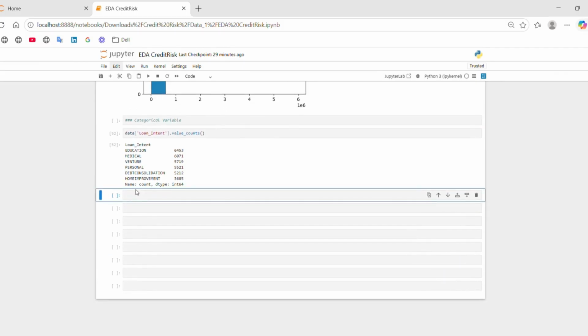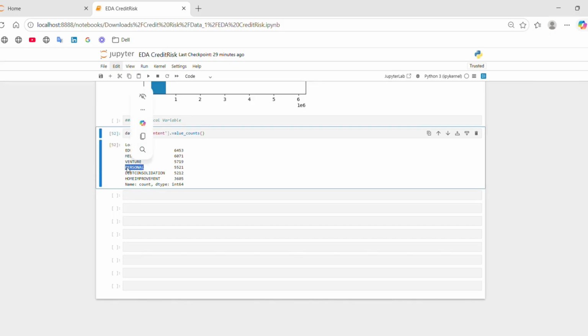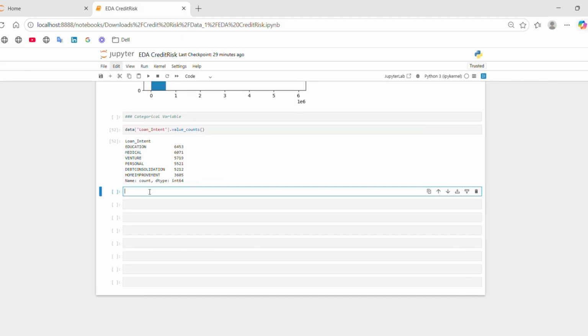The different categories for taking the loan are education, medical, venture, personal, debt consolidation, and home improvement. This data shows what the common loan purposes are for a person, and also certain loan intents like personal loan may have higher risk because it's kind of an unsecured loan. Okay, that is one example. You can look at other variables as well.